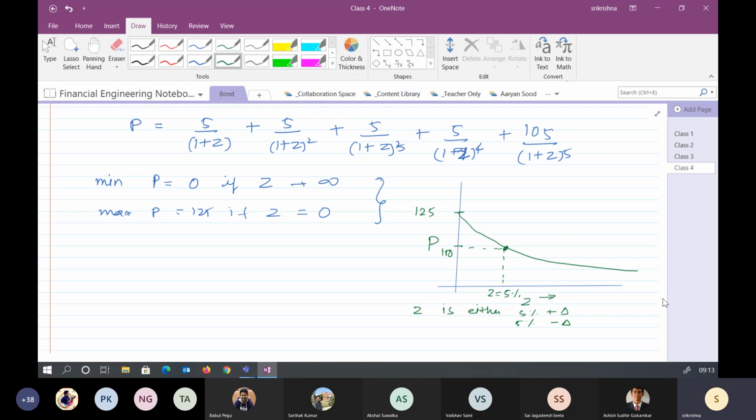Akshat, Ashish, Gaurang, anybody? So I guess we'll differentiate this equation with respect to Z. Yes. Anybody else having any other idea? Same as Gaurang, sir.